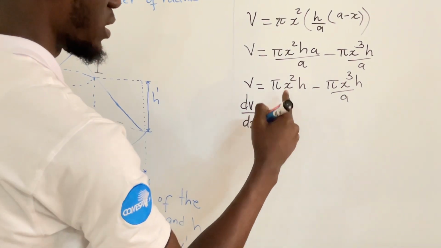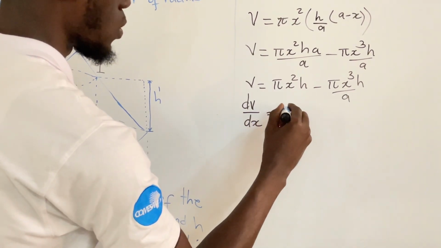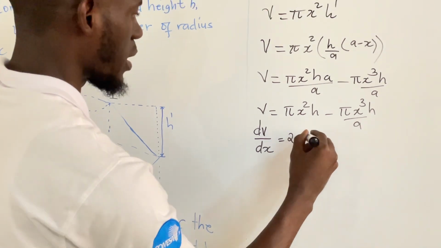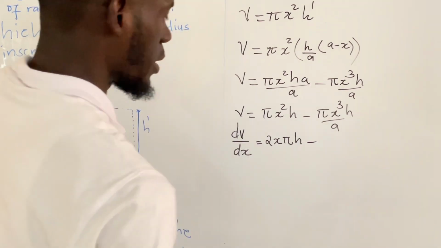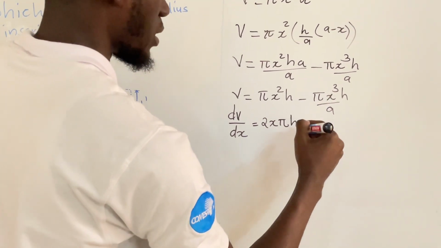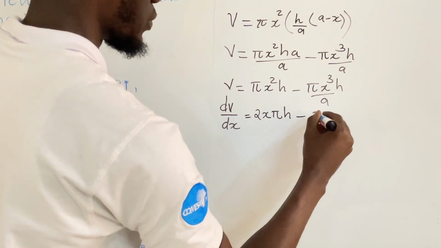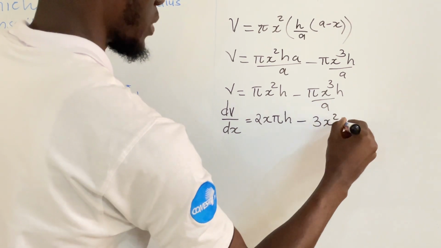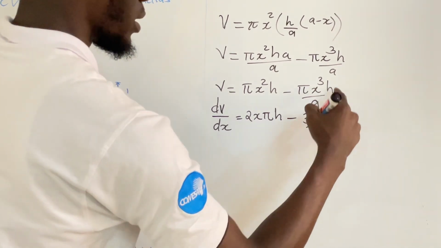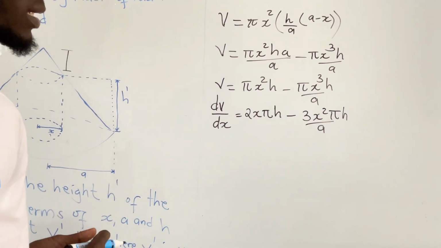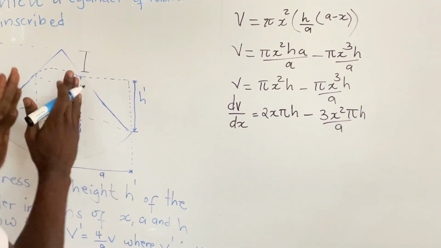So when we differentiate with respect to x, we shall have 2x pi h, minus, when we differentiate this, 3x squared pi h over a. A and h are staying as constants because they are not concerned with the cylinder.